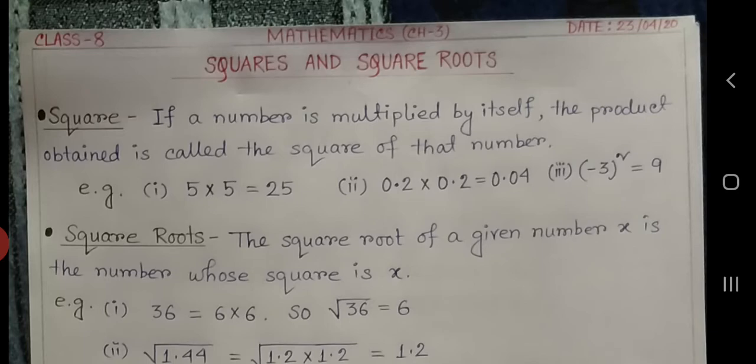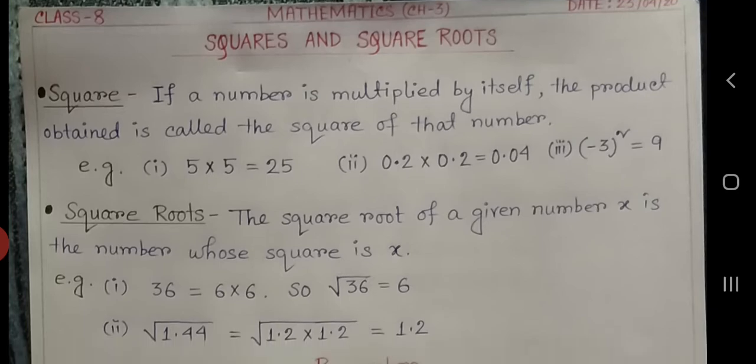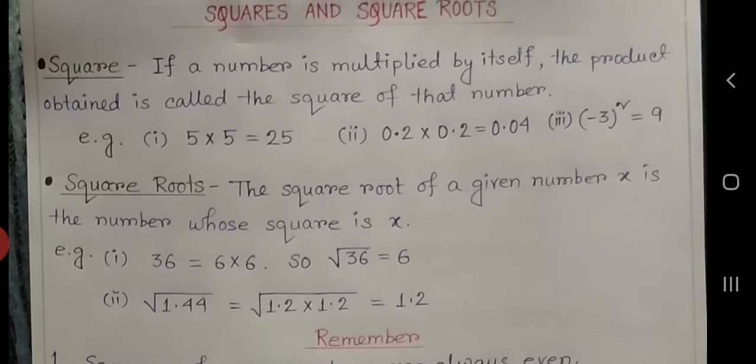Now coming to the square roots. What is square root? The square root of a given number x is the number whose square is x. Let me show you some examples. Here I have taken 36.